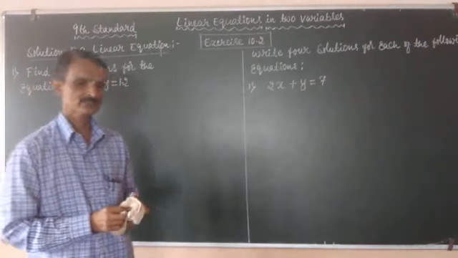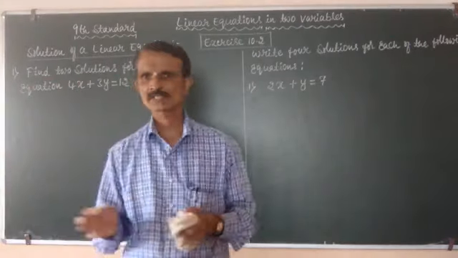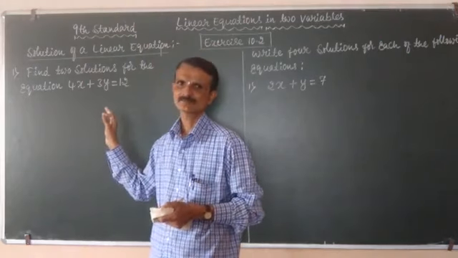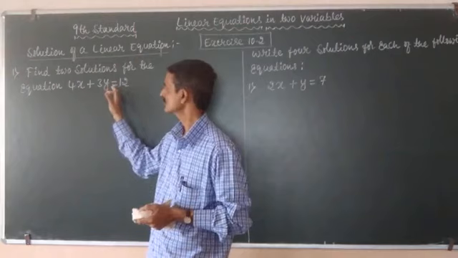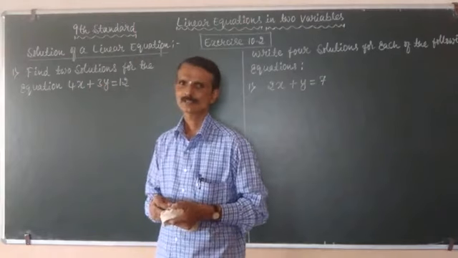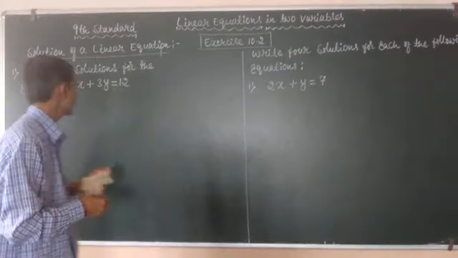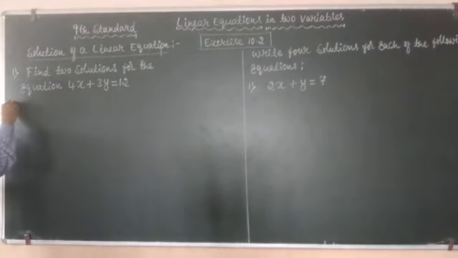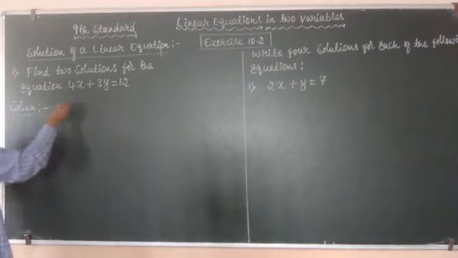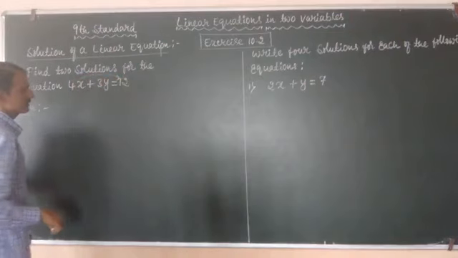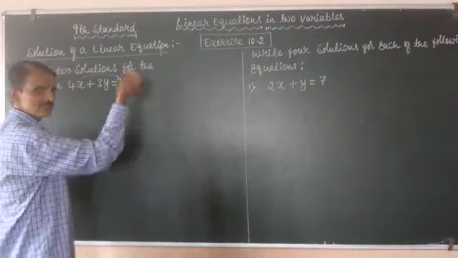Before going to that, we have to make some alternative for this equation. So what is the possible alternative? Consider this equation and transfer the variable x to the right side.